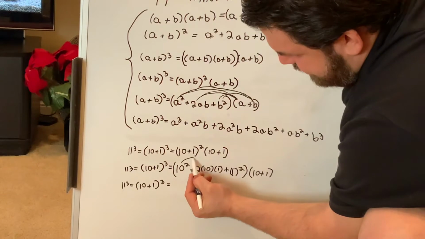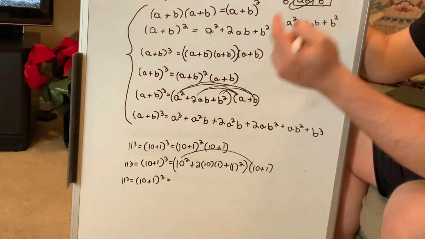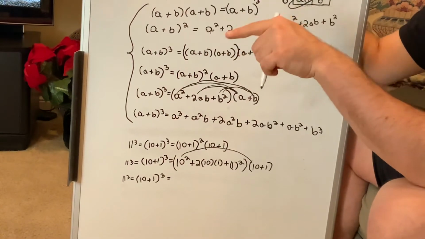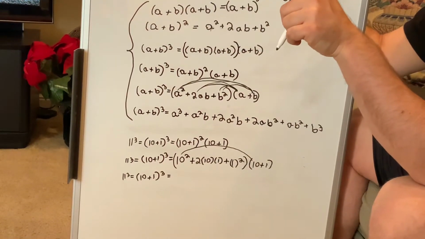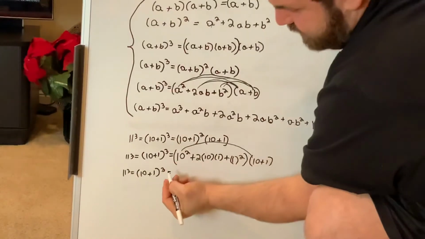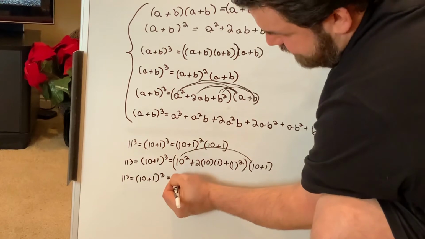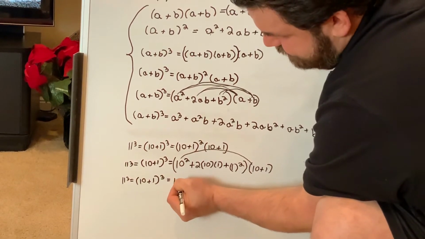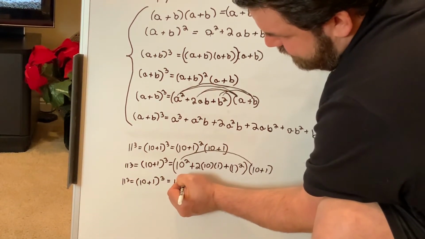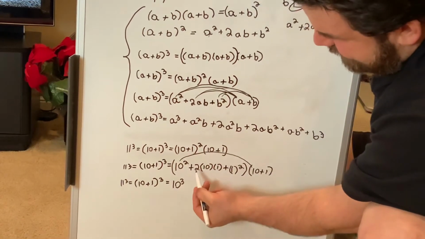So we're going to do 10 squared times 10. Well, 10 times 10 is 100. 100 times 10 is 1,000. But I'm just going to write 10 cubed for now. We'll get to the bigger numbers in a minute.